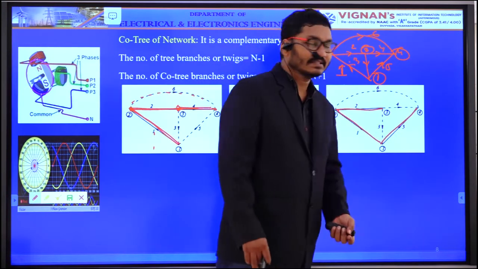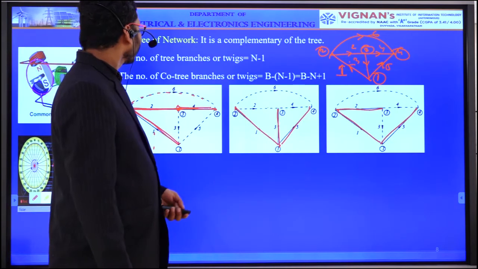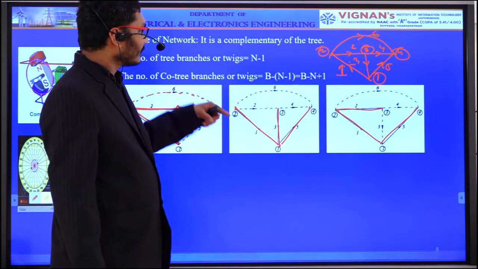Like this, these are the trees for this graph.